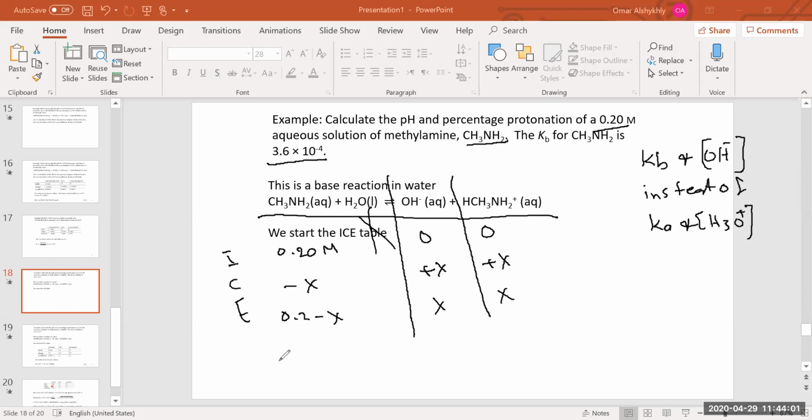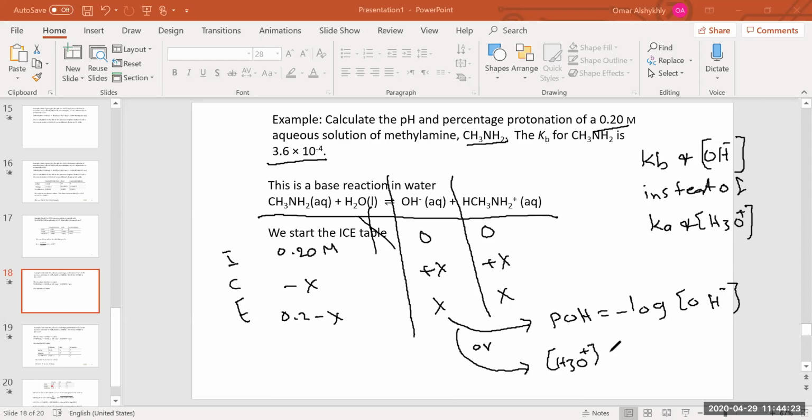Now here they are asking to calculate the pH. If I have the X, I will be able to calculate the pOH. Or if I have the X, I will be able to calculate the H3O positive concentration, which is 1 times 10 to negative 14 divided by the OH negative.